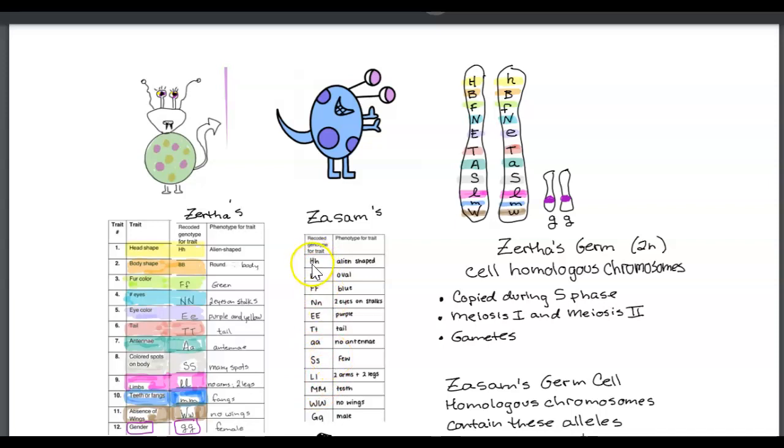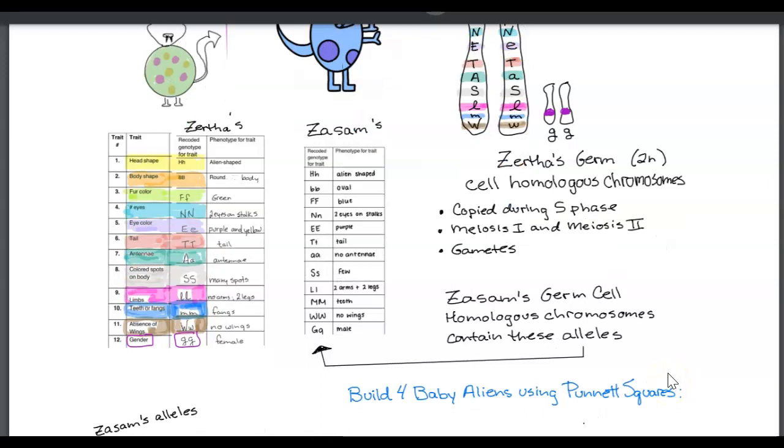Remember, alleles, we're talking about the letters that are representing one of the two, the pair that represents the genotype. Okay, so far so good. So now, using that combination of their potential alleles here for each of these traits, we're going to build these babies.